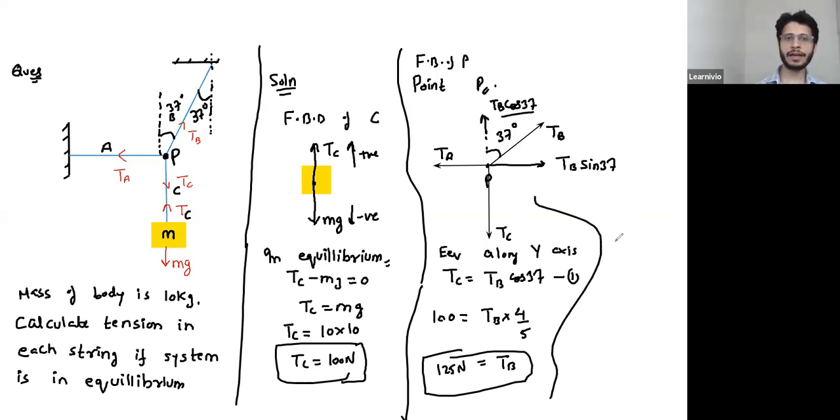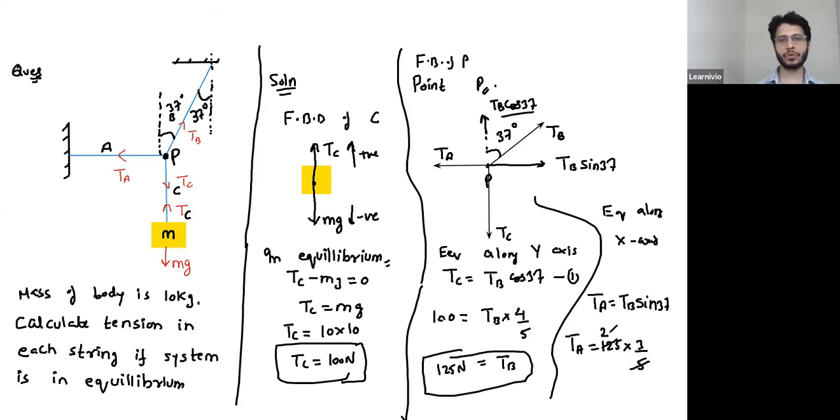Similarly, if I take equilibrium along the x-axis, your TA is TB sin 37. TB is 125, and sin 37 is 3 by 5. So 5 25s are 125, 5 5s are 25, and TA is 75.